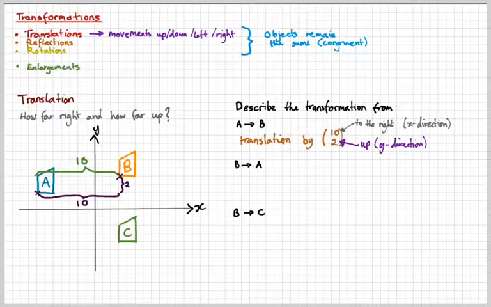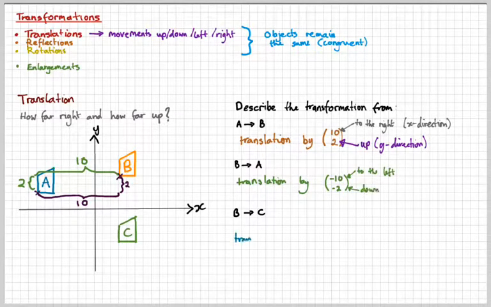So really we say it's gone negative 10 right. Okay. And how far up has it gone? Well, B to A, it hasn't moved up, it's moved down, and it's moved 2 down, so it's really negative 2 up, or 2 down. So we would say that B to A is a translation by negative 10, because it's gone left, not right, and negative 2 because it's gone down, not up.